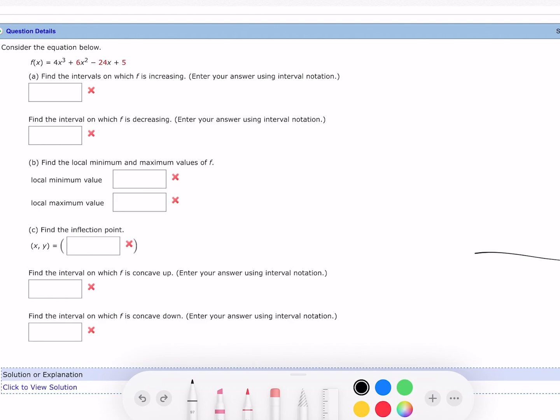Find the intervals on which the function is increasing. How do I know where it's increasing? I need f prime to be greater than 0. All right. That means I need f prime. Let's figure out the first derivative of this function.